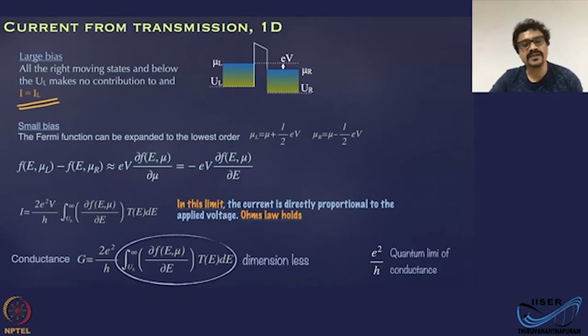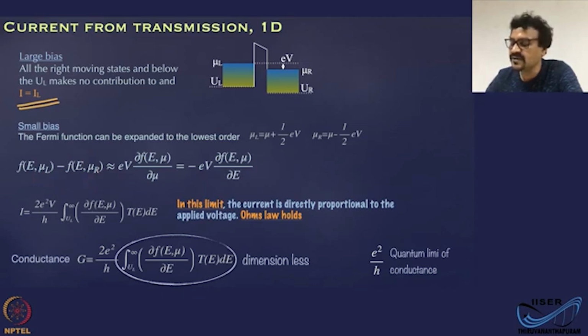Now when you have small bias, the Fermi function can be expanded to the lowest order.